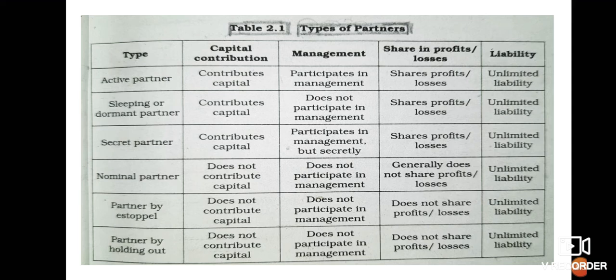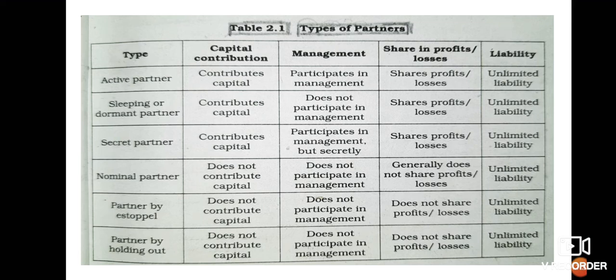Okay, next, partner by holding out does not contribute capital, does not participate in management, does not share profit and losses, but has unlimited liability. Now, partner by holding out, knowingly he has been allowing himself to be represented by the other partners to be the partner of this company.